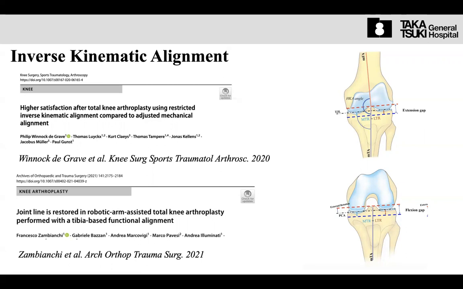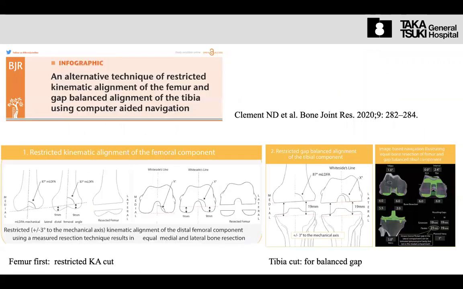And this is a different bone cutting. On the other hand, the same procedure can be done by a femur-first technique. They cut the femur at the same thickness as the component, in both distal and posterior.